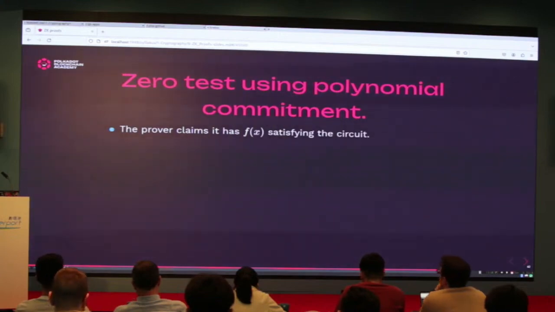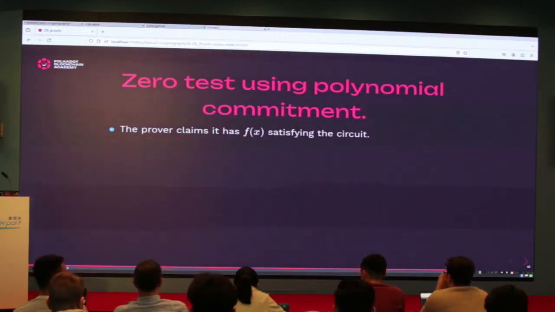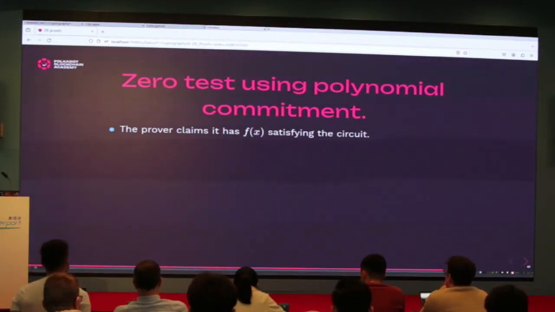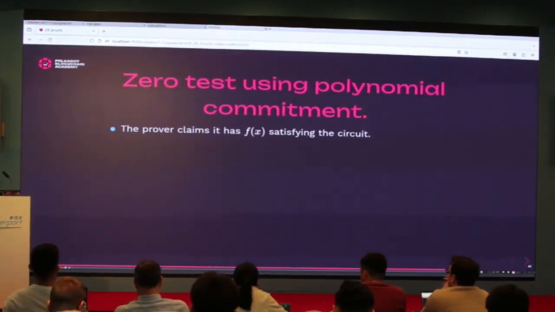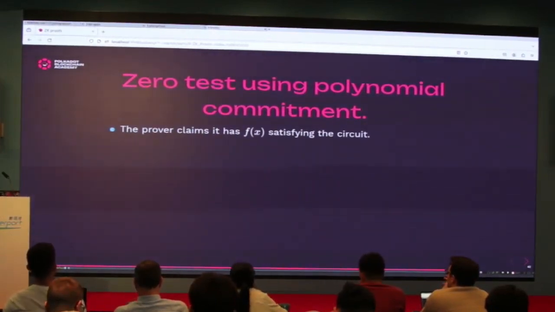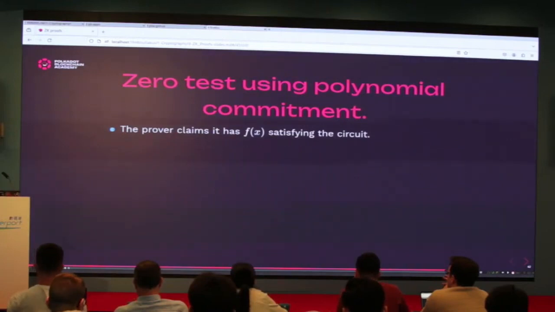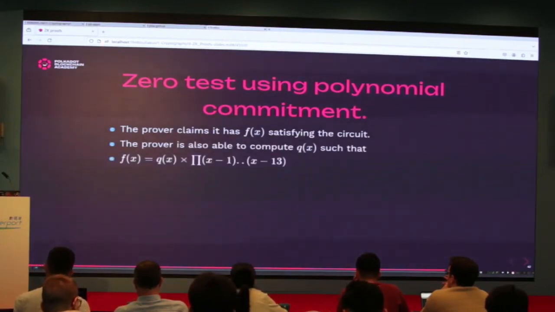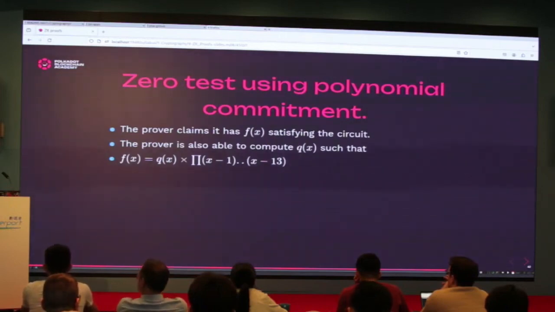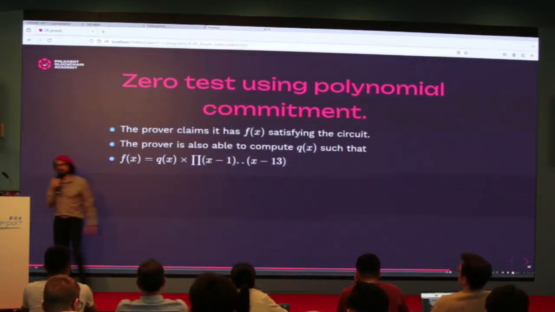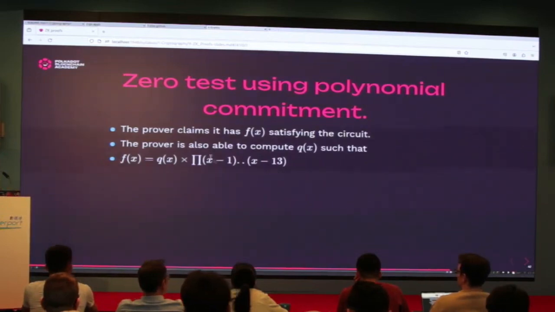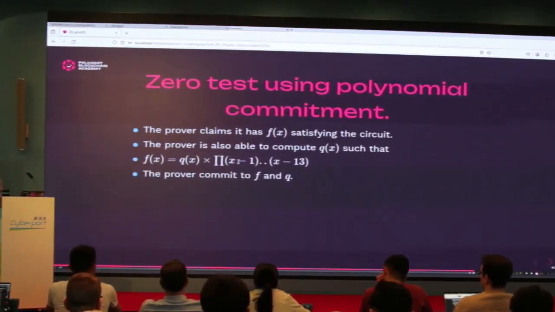So how does this work? The prover says I have f that satisfies the circuit, it is 0 at all these points. As we saw, if they don't lie, they can compute f(x) and q(x) such that this relation holds because they got it from the circuit. They commit to f and they commit to q.